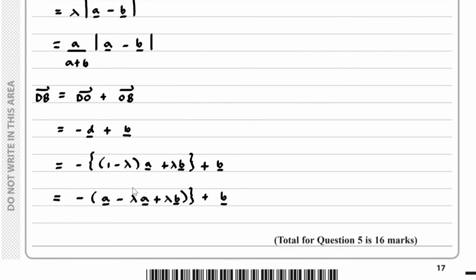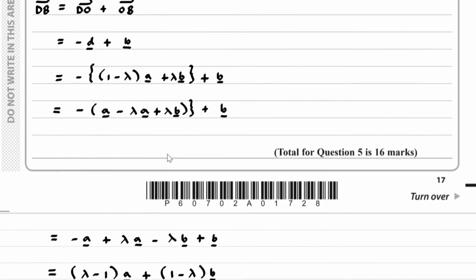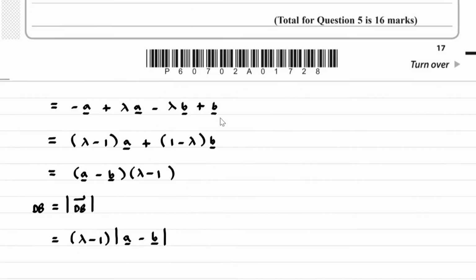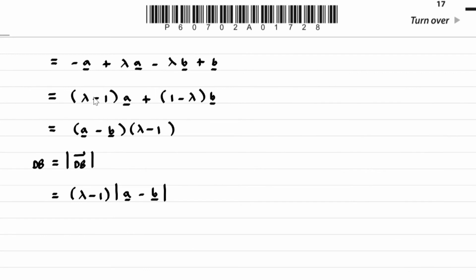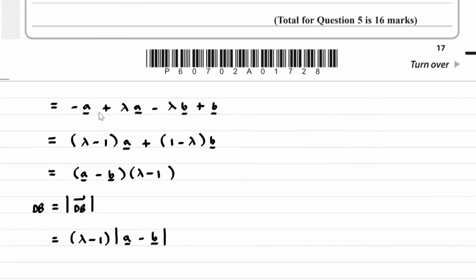So here, let's just double check this. We've got minus a plus lambda a minus lambda b plus b, which simplifies to lambda minus 1 a plus 1 minus lambda b.